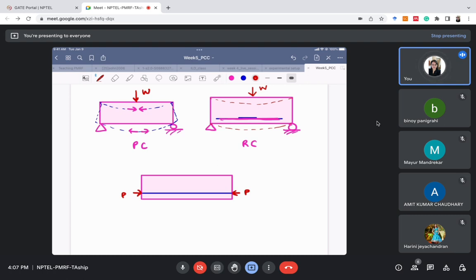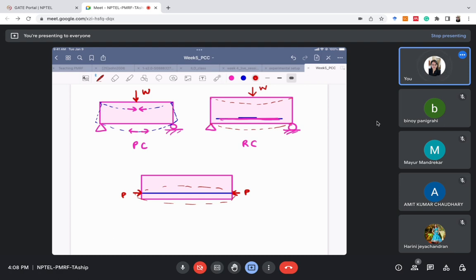So what does this compressed tendon do? This will transfer the compressive stress to the lower part, the bottom part of this concrete beam. Why was this concrete beam failing? It was failing because of the tensile stresses in the bottom part of the beam.